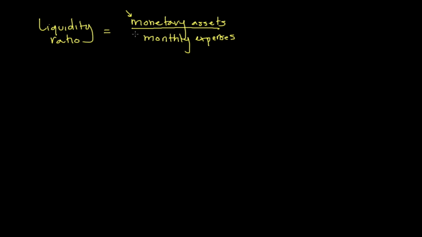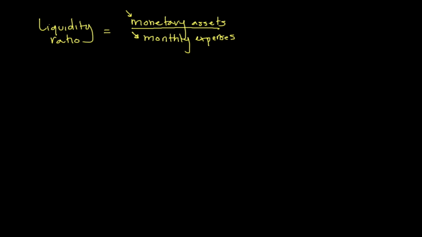And then, of course, we have our monthly living expenses, which represent the expenses that we have in a given month. If you build yourself a zero-based budget, you should know what it costs you to run your household for a given month. We're going to use this to figure out ultimately how much of what we call runway we have.